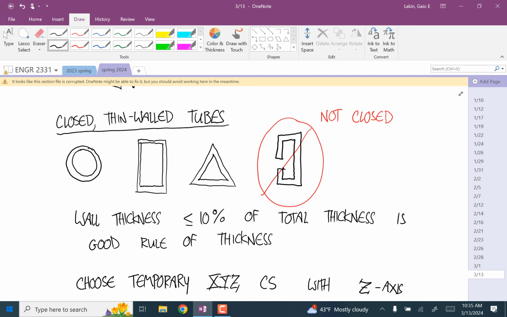Okay. A quick question. So for wall thickness less than 10% of total thickness, what do you mean by total thickness? You mean like the depth? I think it's more hand wavy than that. Call it the biggest length you can find.